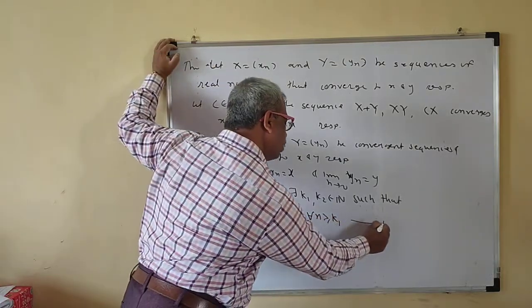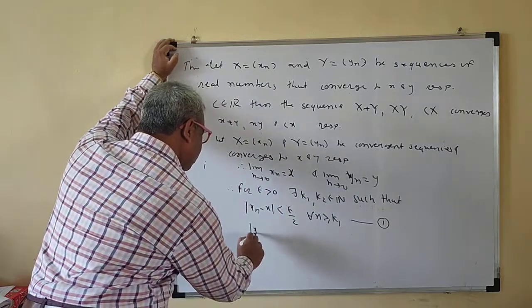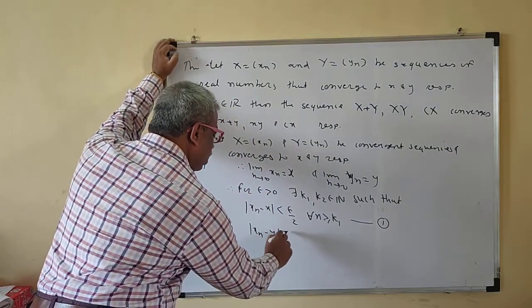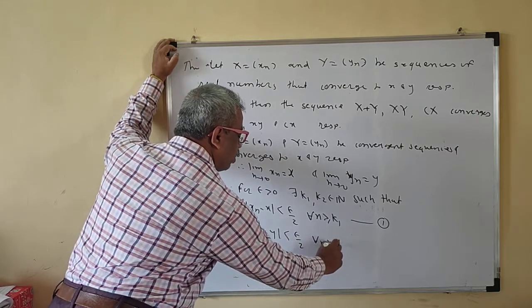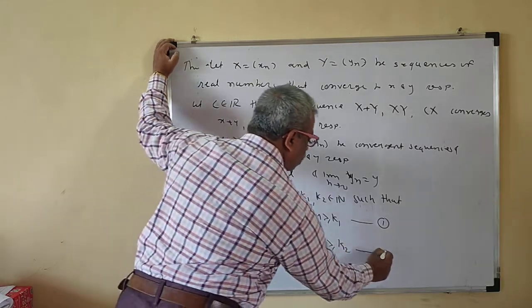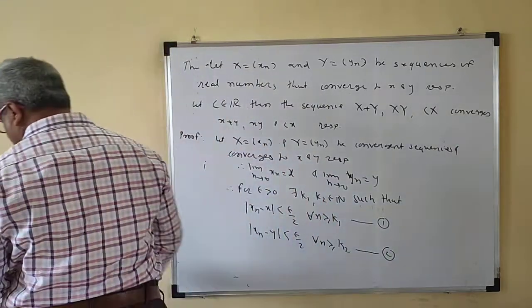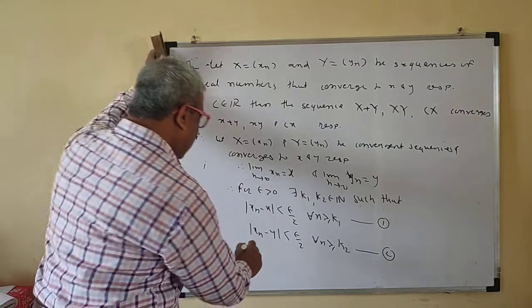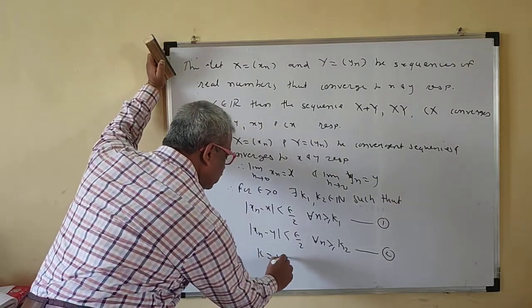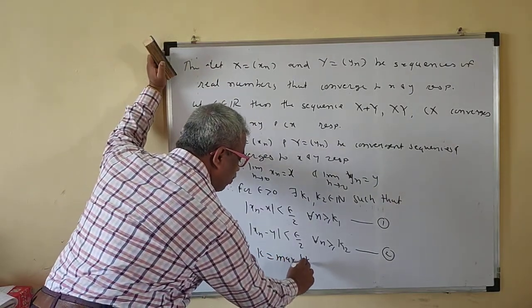I call this 1. Mod of yn minus y is less than epsilon by 2 for all n greater than or equal to k2. I will call this 2. I will take k as the maximum of k1, k2.